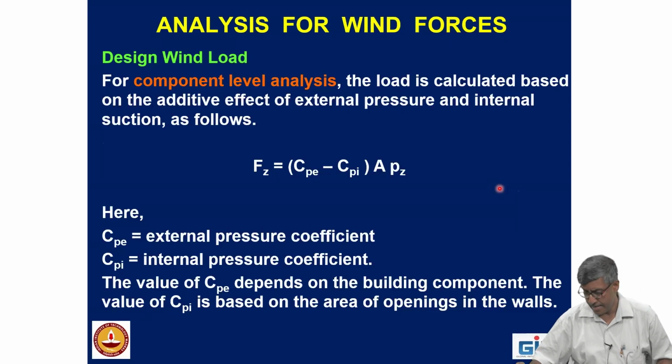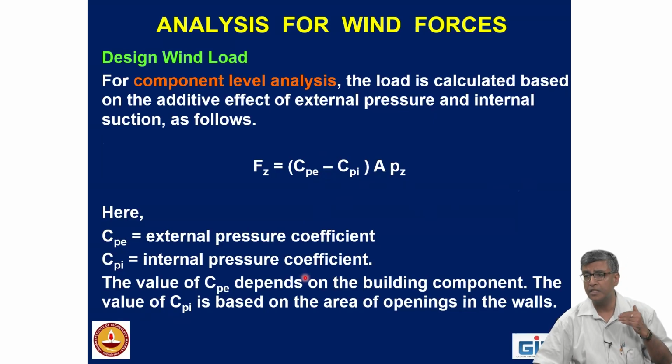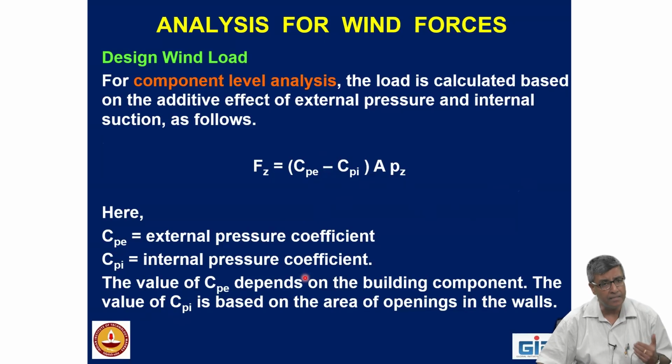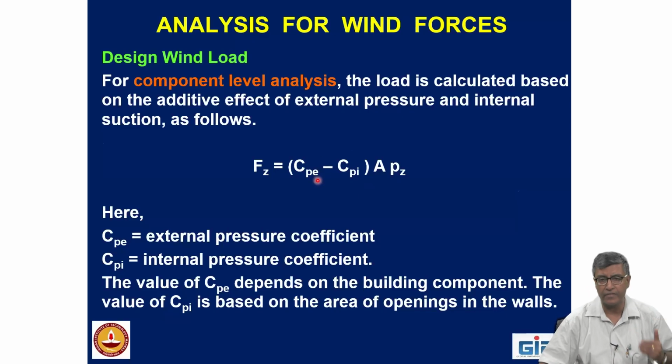In the component level analysis, we have two coefficients. The first coefficient is called the external pressure coefficient, and the second one is an internal pressure coefficient. Now, please note, external pressure coefficient is considered to be positive, and the internal pressure coefficient, which is usually a suction, is considered to be negative. Now, negative of negative means it becomes an additive effect.